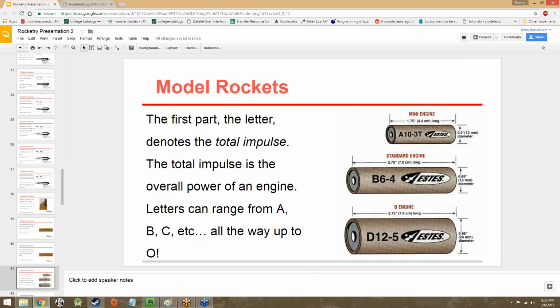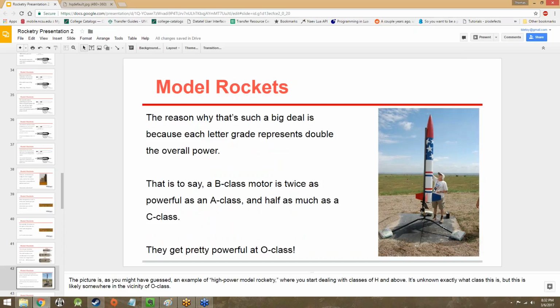So the first part, which is the letter, denotes the total impulse of a motor. We'll spend a little bit of time talking about impulse later on. But the total impulse is the overall power of an engine, in essence. Letters can range from A, B, and C, and so on and so forth, all the way up to O, which is crazy, because here's the thing.